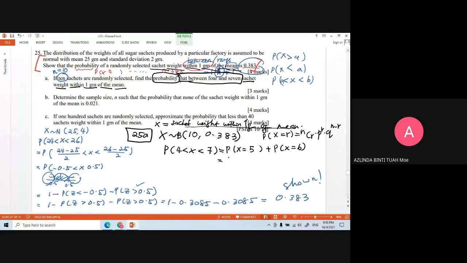Okay, masukkan dalam formula: 10C5, 0.383 power of 5, 1 minus 0.383 (this is the Q), power of 5, plus when X equals to 6, it is 10C6, 0.383 power of 6, 1 minus 0.383 power of 4.